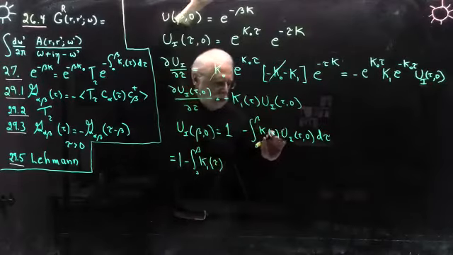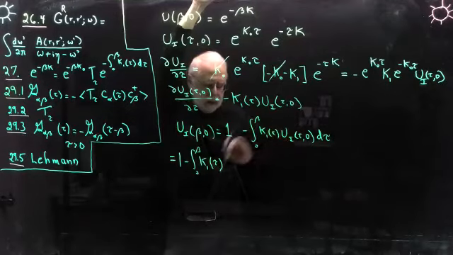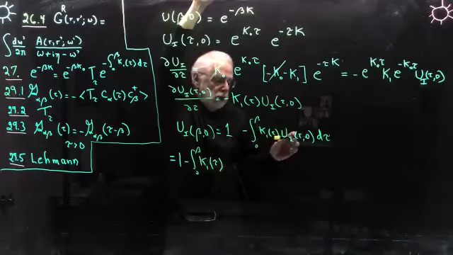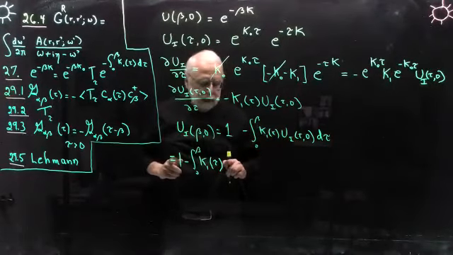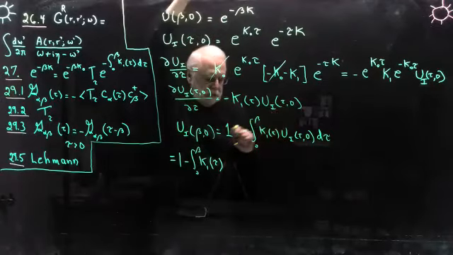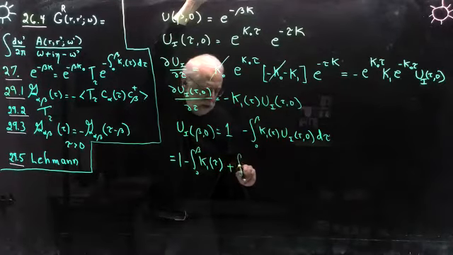Now, if I want to go beyond this, it means that I need to use for UI its first order expression. Or if you want, you take UI and you replace it by this and put it back there. You can see it these two ways, it's the same. So what is the next term? The next term is plus the integral from 0 to beta of K1 of tau d tau.